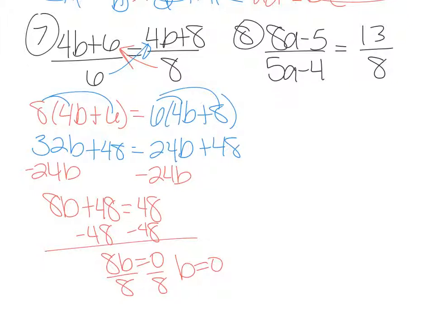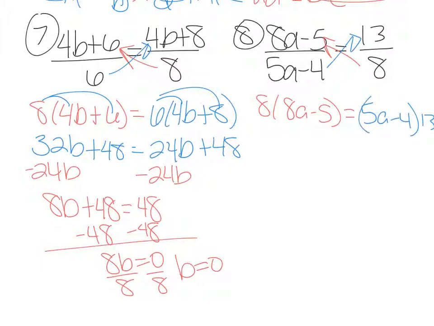Okay, and then for the last one, hopefully wasn't too bad, just some big numbers to multiply. When you multiply up and across, 8 times 8a minus 5 equals the other cross product, 5a minus 4 times 13. And when you distribute the 8, hopefully you get 64a minus 40. And distribute the 13, you get 65a minus 52, right?